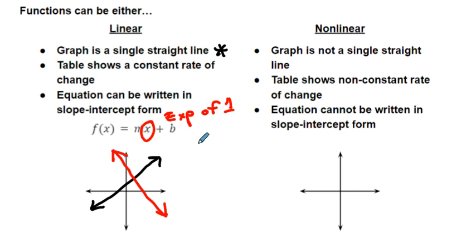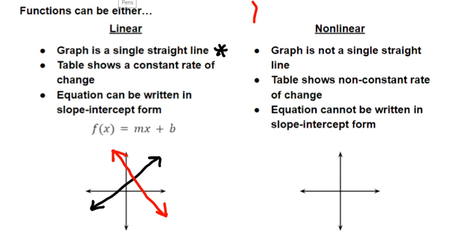All right. So if you see anything like y equals x squared, right? That's a big no because of that. So you're looking for something that has an exponent of 1 whenever you're talking about how the equations are written. And then nonlinear is basically everything else, more or less, right?